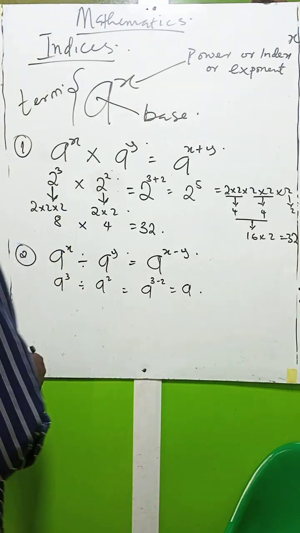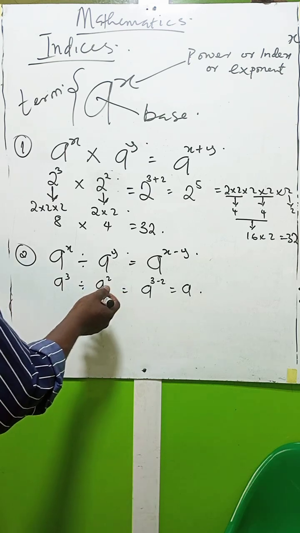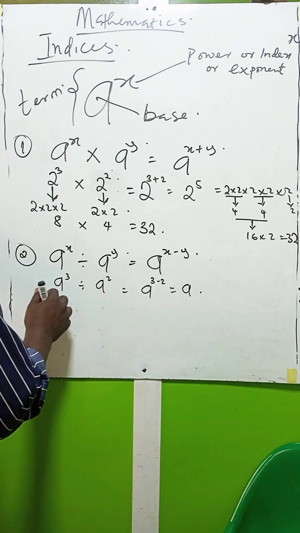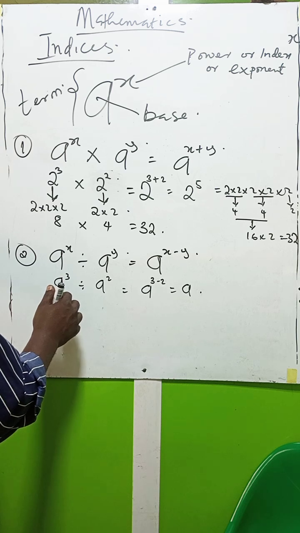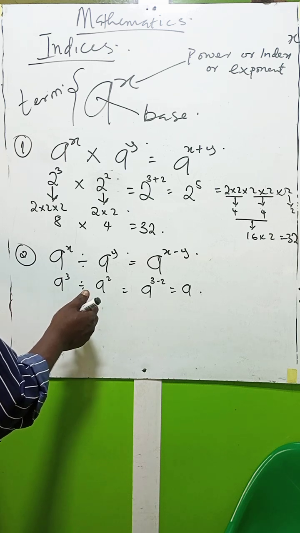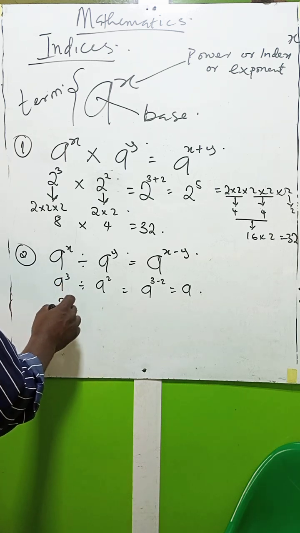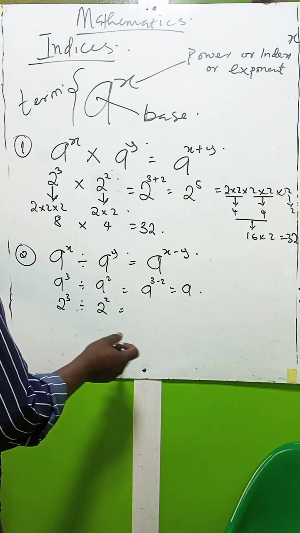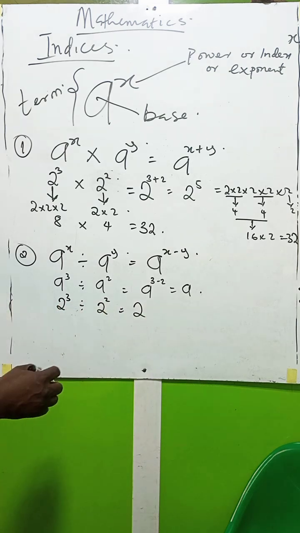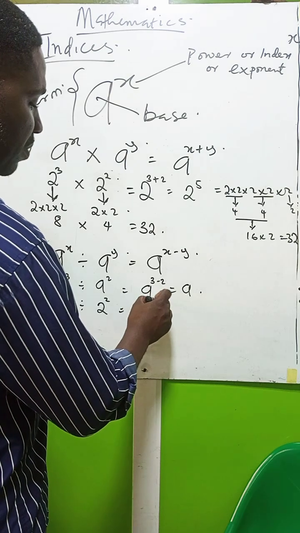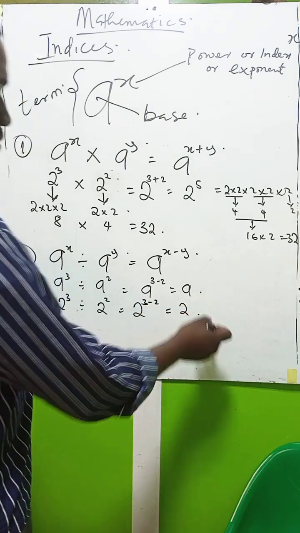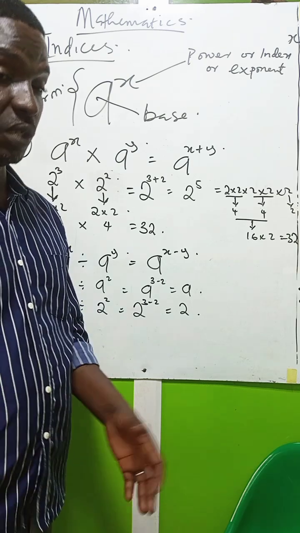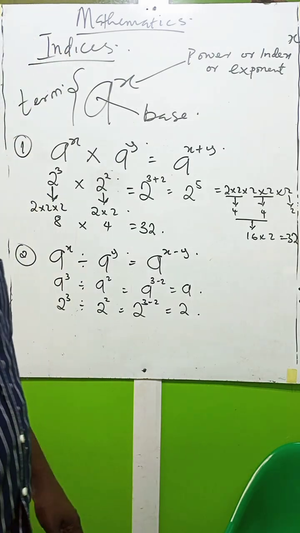Okay, let's turn this into an example. Maybe 2 raised to the power 3 divided by 2 raised to the power 2, which is 2 raised to the power 3 minus 2, which is 2. So we don't say 2 raised to the power 1, we say 2 because it's a single 2.